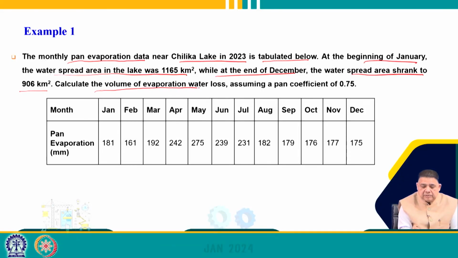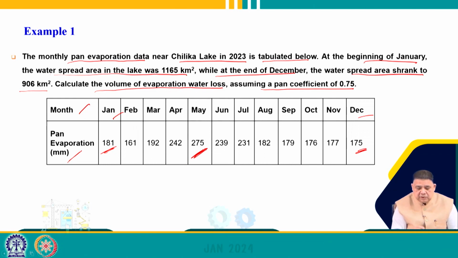Calculate the volume of evaporation water loss assuming a pan coefficient of 0.75. Here, for the different months of the year, January to December, pan evaporation values are given, which range from 181 in January to 175 in December, and of course, as you can expect, the highest value is in summer, that is May, 275 mm.